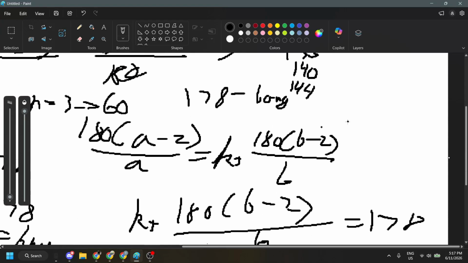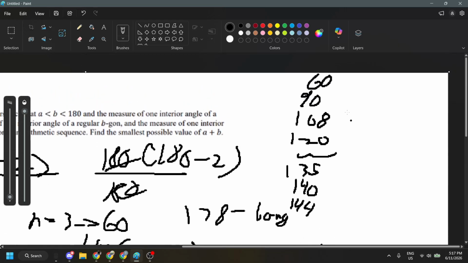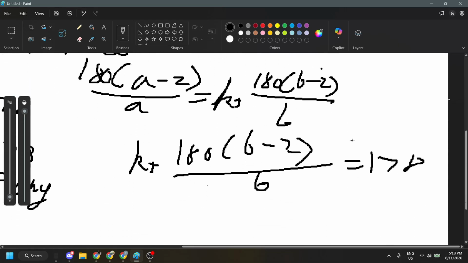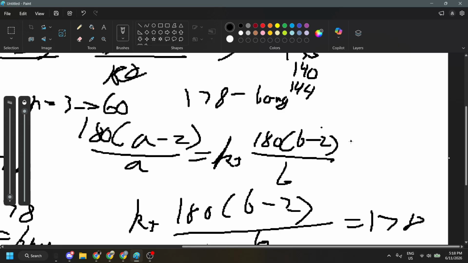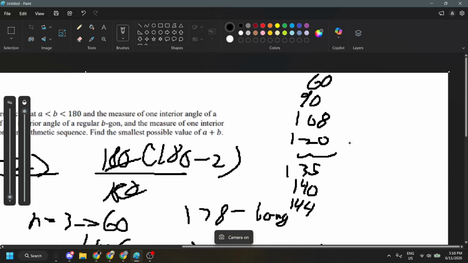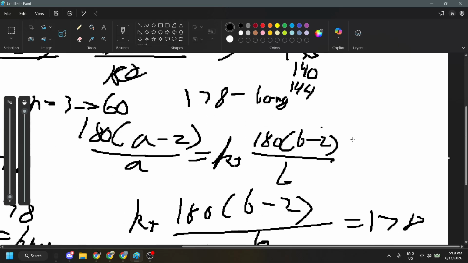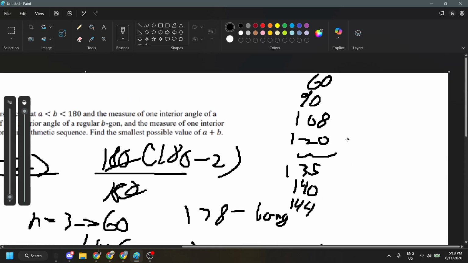So 60 plus 178 is 238, over 2 is 115, 119. No, close. 90 is 268, 268 over 2 is 134. No. 108 is 286. 286 over 2 is 143.